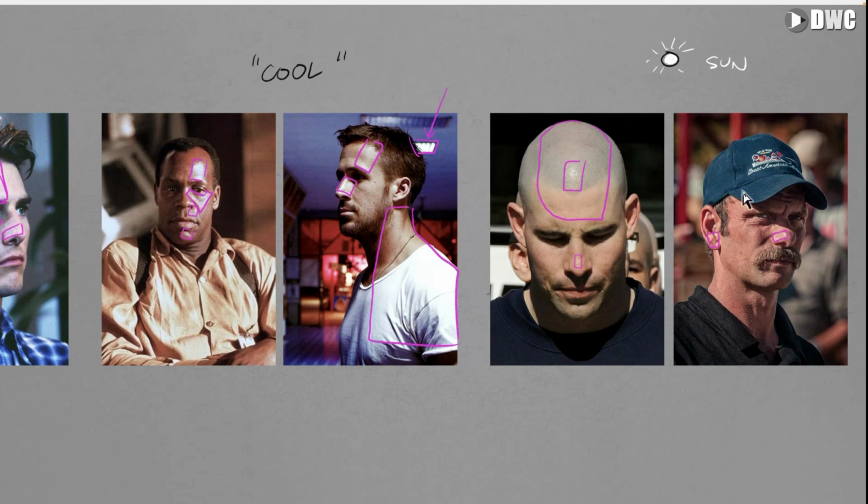Number two is the position of the sun. In this one, you can see the sun is almost overhead. But in this one, notice the shape of the shadow. This is important. If you can see a clear shadow shape like that, that tells you that the light is a little bit lower, right? You can see the angle.